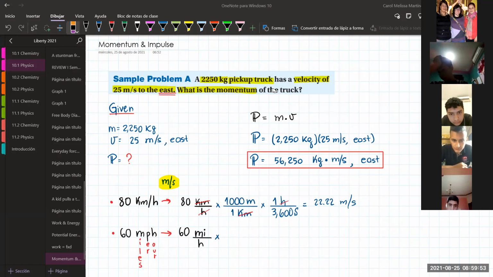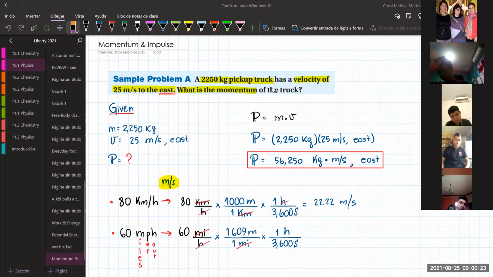Here I will use the conversion from miles to meters. In 1 mile, you have 1,609 meters. And then the conversion for hours. In 1 hour, you have 3,600 seconds. How much is this? 26.81 meters per second.